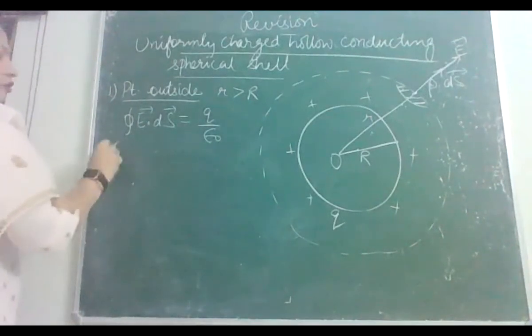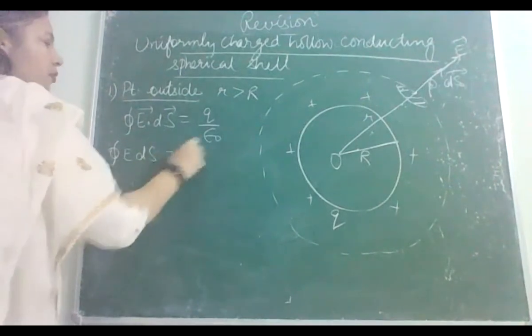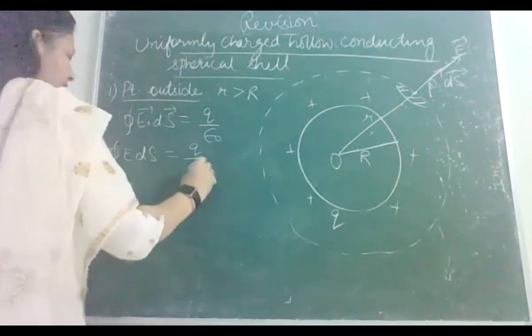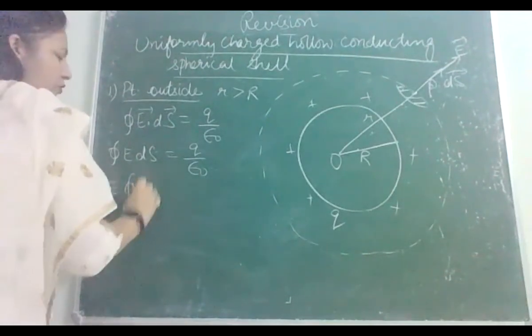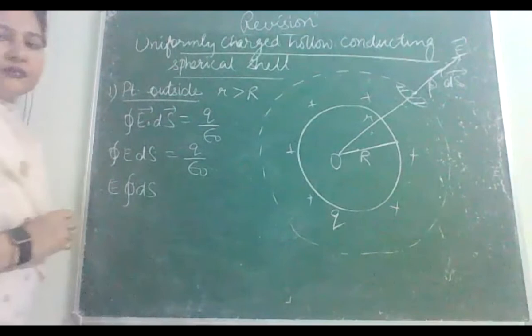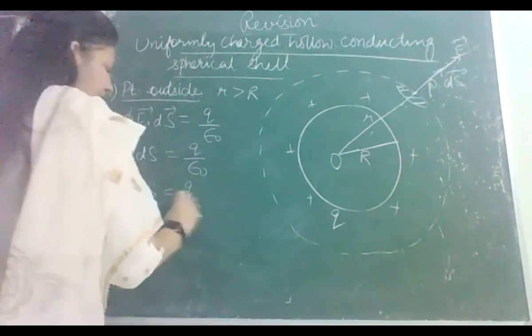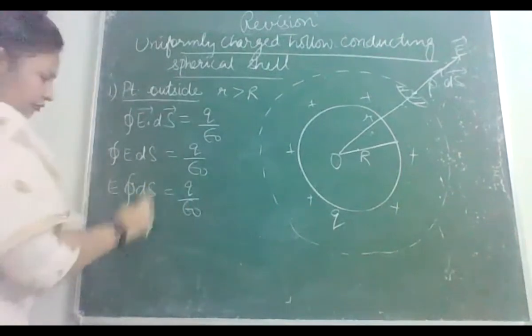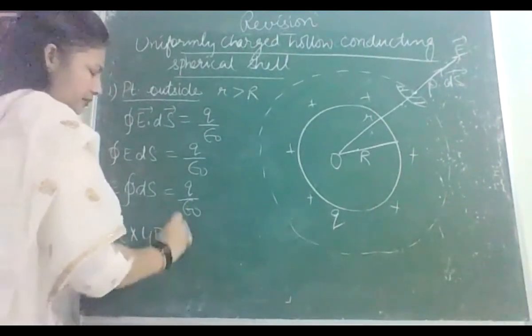Slowly let us put the values. E dS cos 0, that is 1. Electric field is constant and perpendicular at every point of the Gaussian surface. So being constant, we take it out of the integral. Now what is the area of the Gaussian sphere? 4 pi r square.